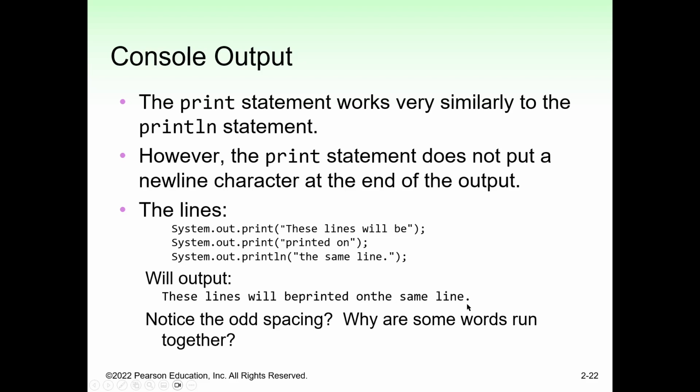And you might be wondering why that is. It's simply because you're ending your sentence here without a space, and you're starting here without a space. So your computer does not assume that you want a space in between these two print statements. It does not care. So you have to be very mindful of that.